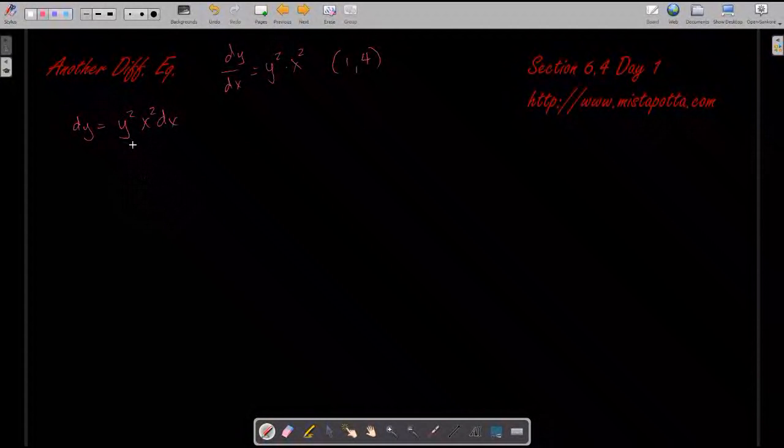And I need to move y squared to the other side. So I really have 1 over y squared dy equals x squared dx. And some people may like to see this written as y to the negative 2, because it's going to make this next step easier. Remember, my second step is to take the antiderivative of both sides.